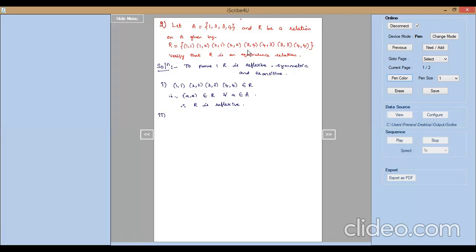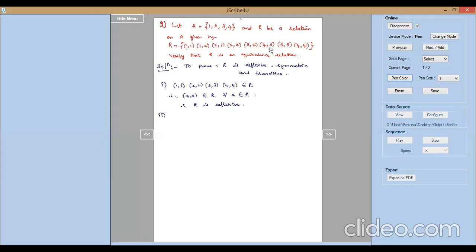Similarly, if (3, 4) belongs to the relation R, then (4, 3) also must belong to relation R, which is also satisfied. Correct? (1, 2), (2, 1), (3, 4), (4, 3). So if (a, b) belongs to R, then (b, a) also should belong to R. That is the definition for symmetric. So since it is satisfied for all the existing ordered pairs, that is (1, 2), (2, 1), (3, 4), (4, 3), we can conclude R is symmetric.